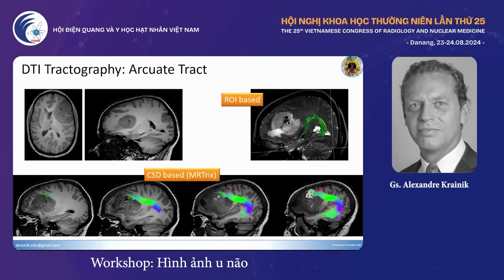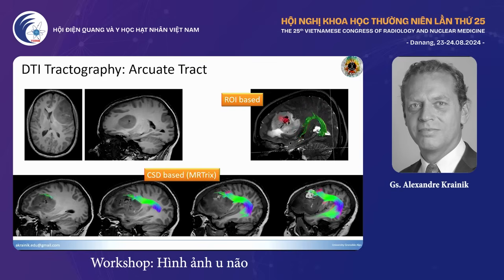Anyway, here just to show you that according to the technique, for instance, you see the arcuate tract that relies the Wernicke to the Broca area. And you see there's a large part of this tract which is displaced downward by the tumor.